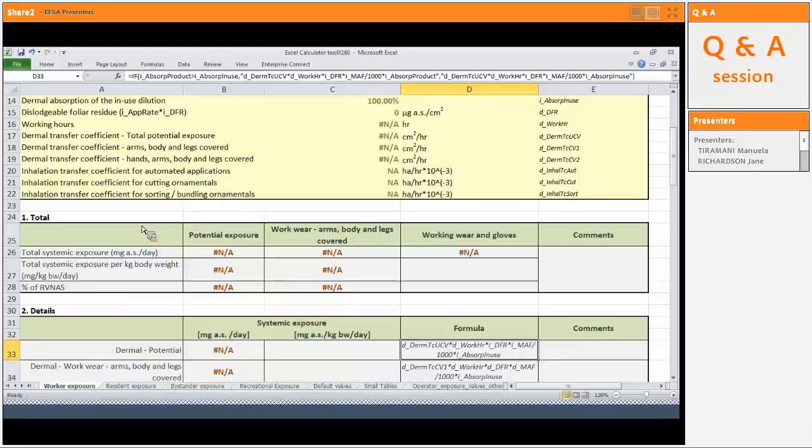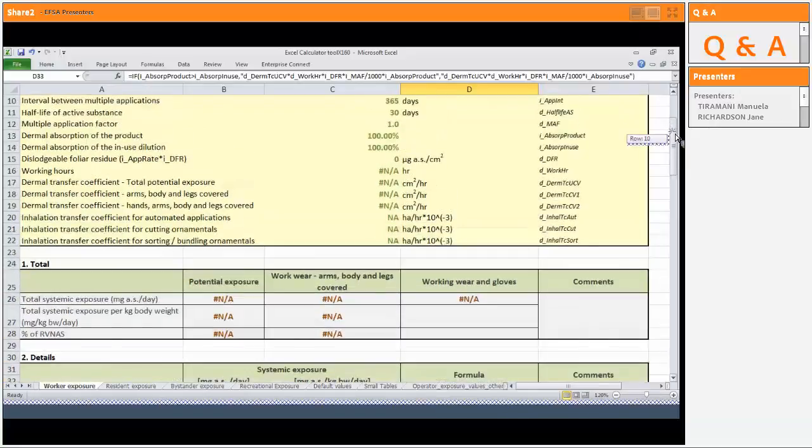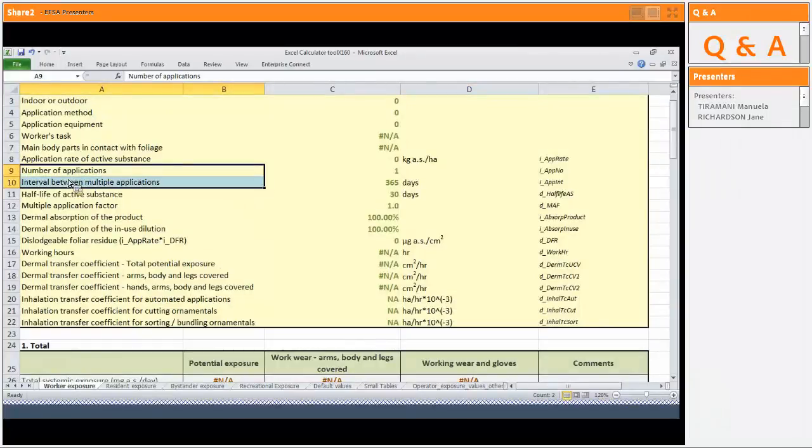Just a couple of words on the fact that the way the re-entry exposure is calculated so far is the one immediately after treatment, as soon as the residue is dried. So at the moment, we don't have other ways to calculate this, and we can only consider the number of applications that can be done and the interval between applications.